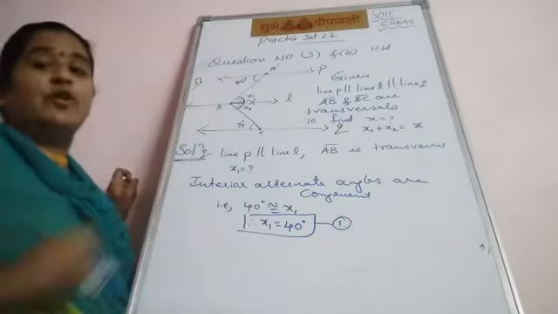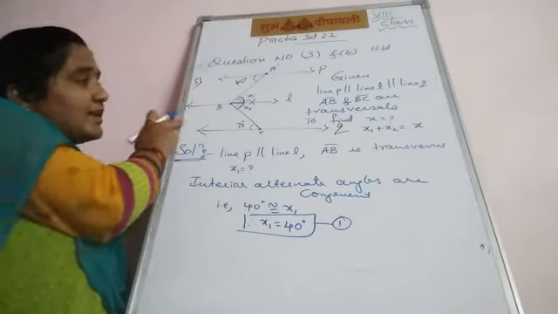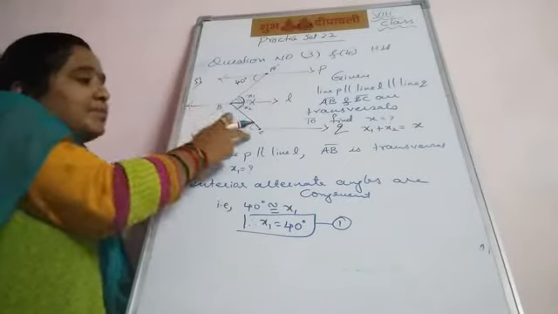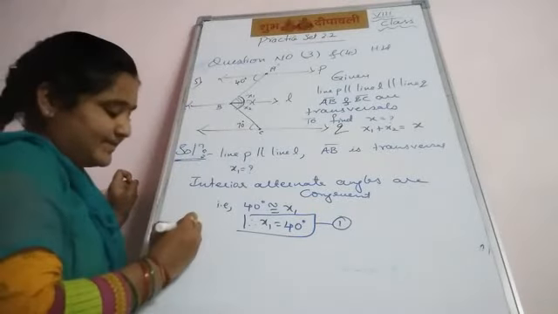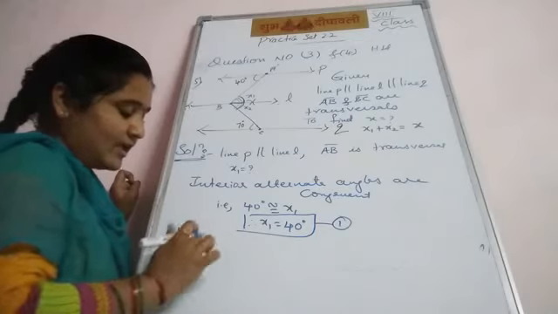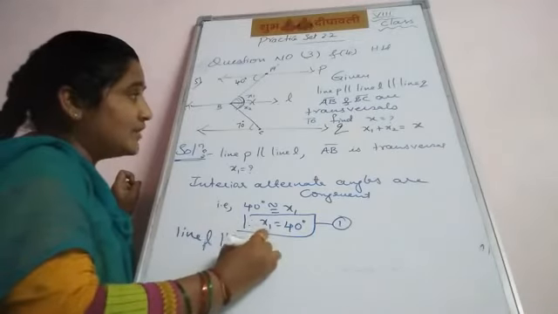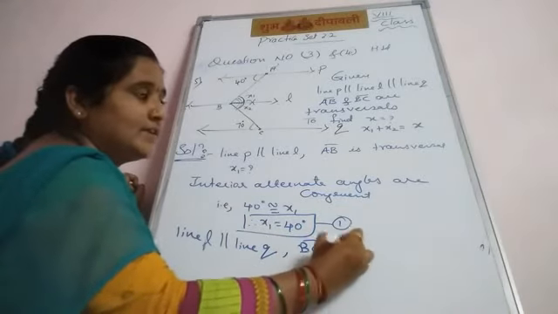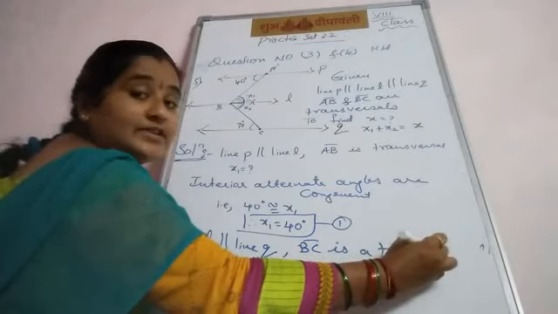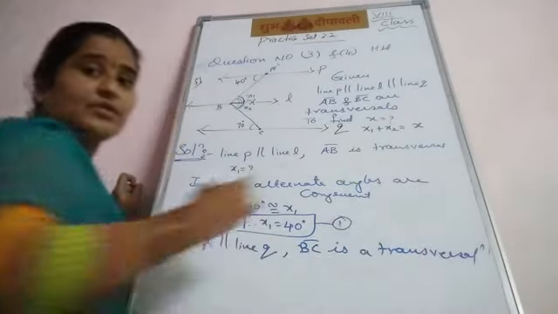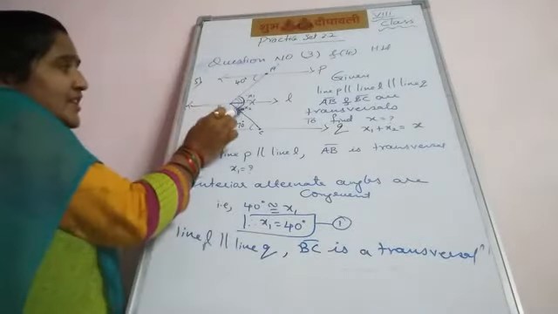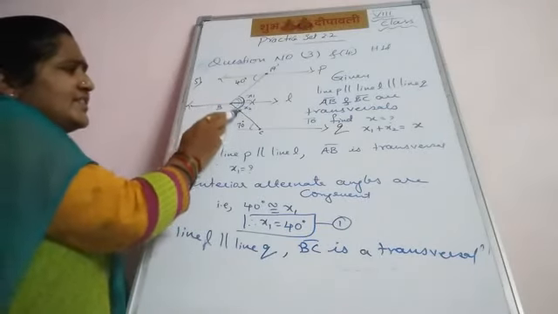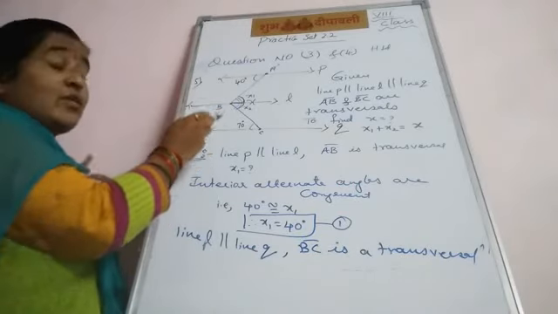Now the remaining half: x2. Now the remaining parallel lines: line L is parallel to line Q, and segment BC is a transversal. Okay. Now if you observe here, it is the same concept as before. x2 and 70 degrees are interior angles, but they are on opposite sides.